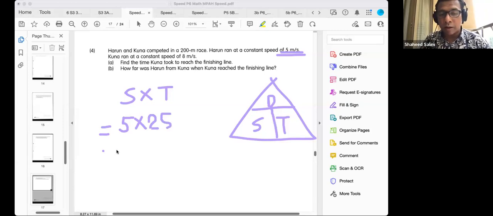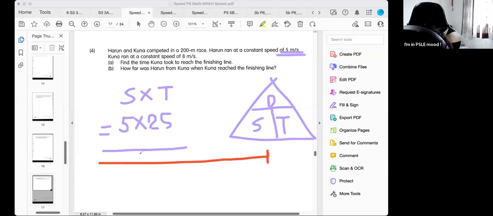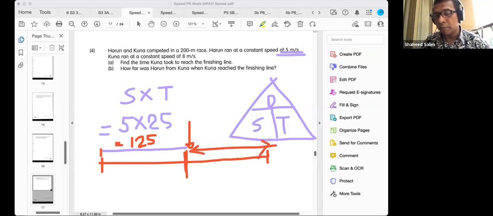You see down here, Kuna ran the whole 200 meters down here. So he took 25 seconds, but now we want to see where Harun is down here. So we take 5 times 25 is 125. He ran 125 meters. So what is the distance between Harun and Kuna down here?